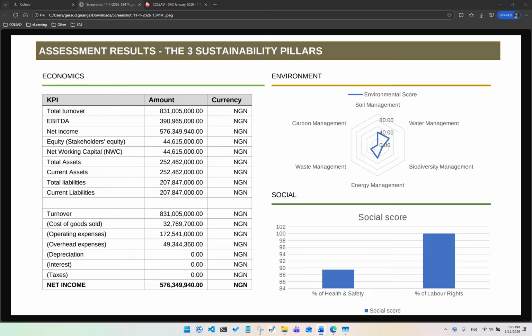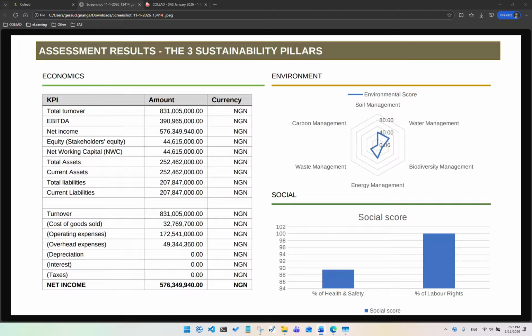This page presents the company's performance in relation to the three pillars of sustainability, I mean economic, environmental, and social pillars. And we will focus on the financial data to detect inconsistencies, just for this training, to let you understand some of the concepts.